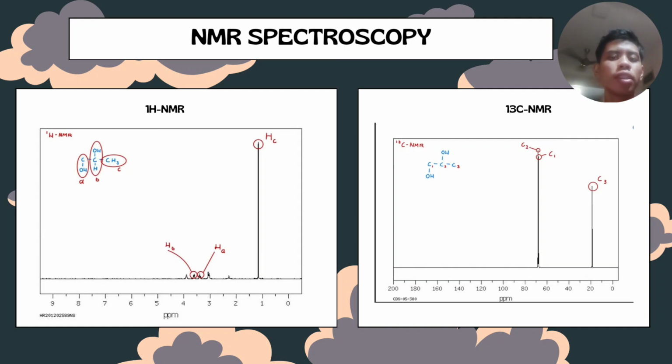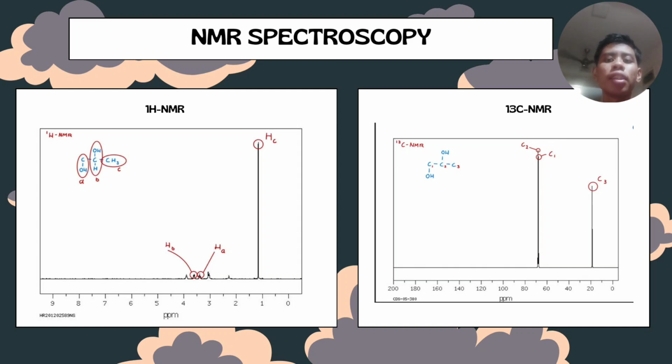Now, let's break down the interpretation of the 1H-NMR and 13C-NMR spectra for propylene glycol in the simplest terms, step by step. First, we need to understand the difference between 1H-NMR and 13C-NMR. For 1H-NMR, this spectrum helps us understand how hydrogen atoms, which are protons, are arranged in a molecule.